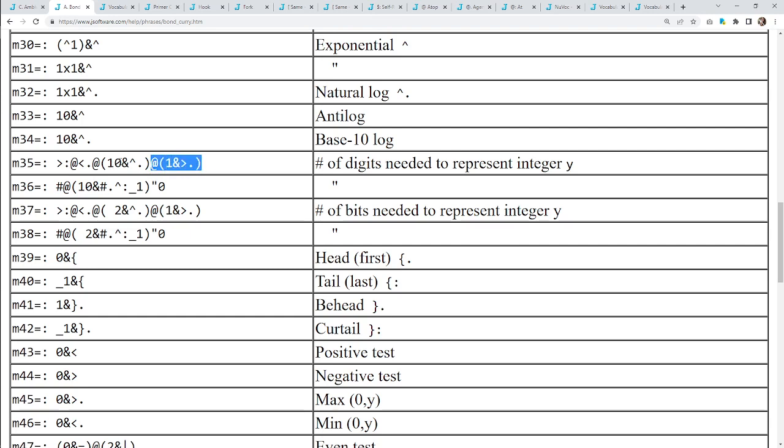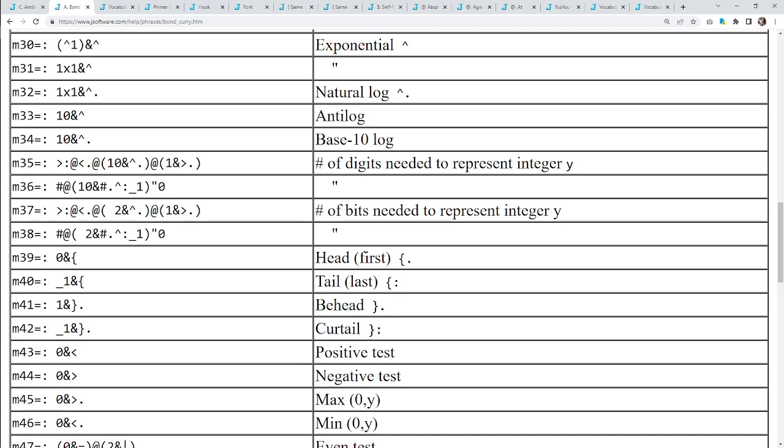And atop of that, say 10 with the logarithm. So this is just going to say 10 log whatever. You know, if it's 10 log 1,000 or 2,000 or however you get to it. And then we're going to take the floor of that.